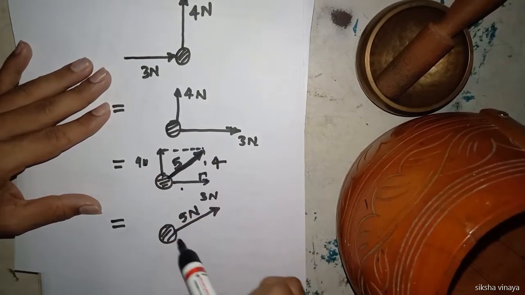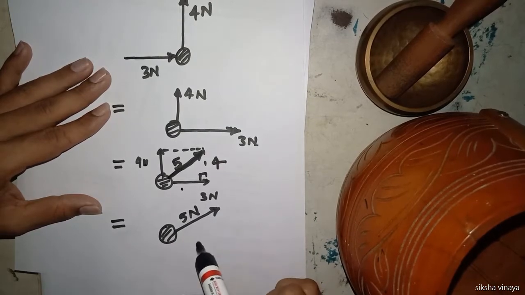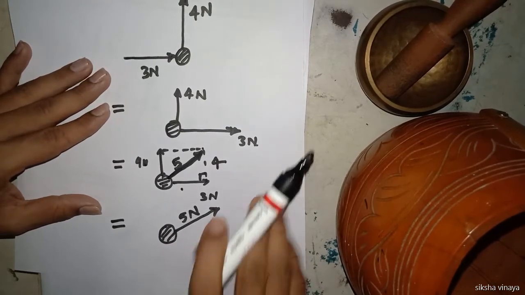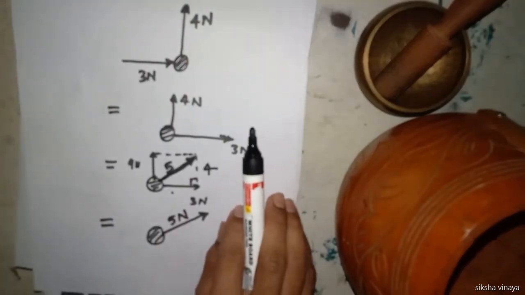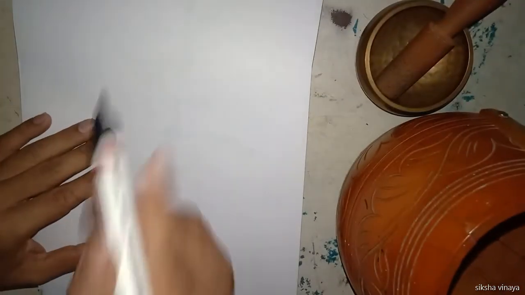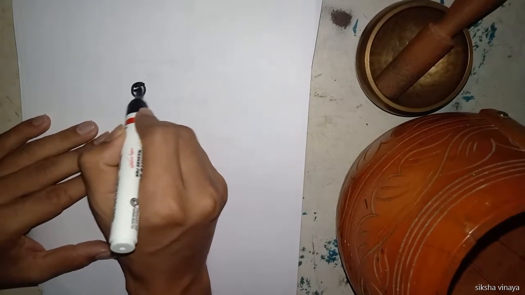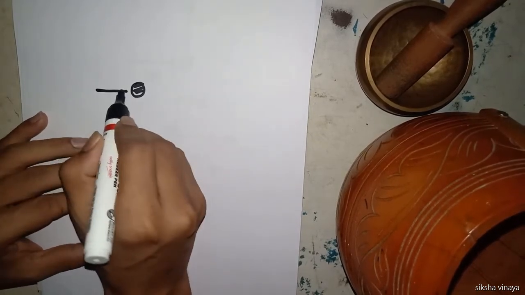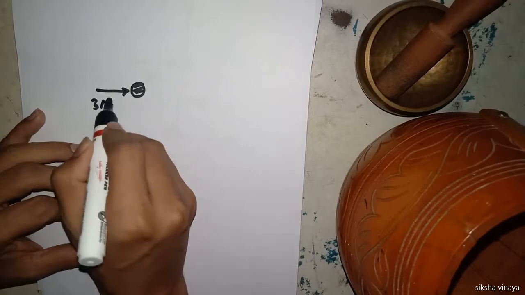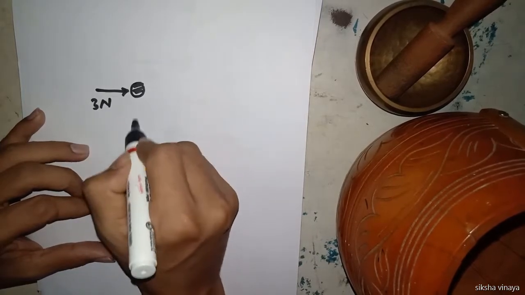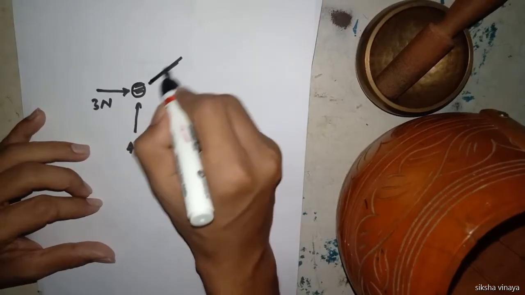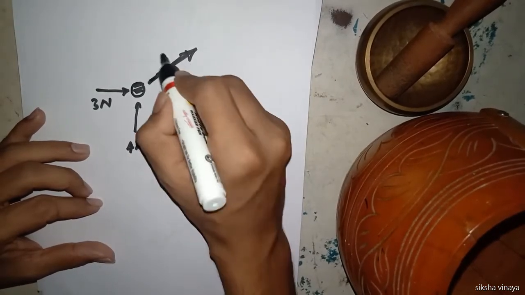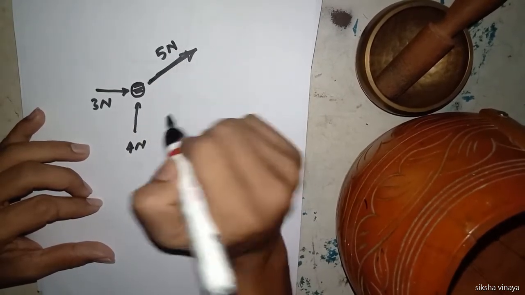So this is one method to get the actual answer, because I have already told you that the ball which is kicked by 3 Newton and by 4 Newton must move in this direction, and the answer must be 5 Newton.